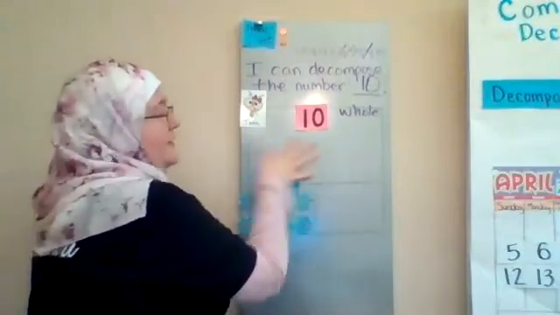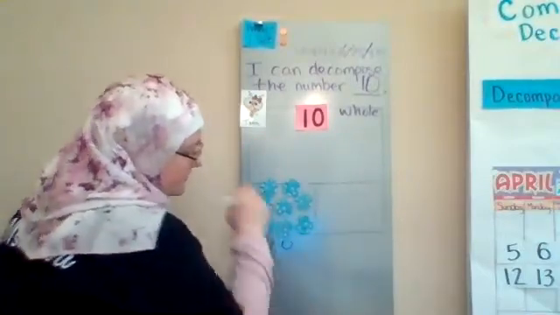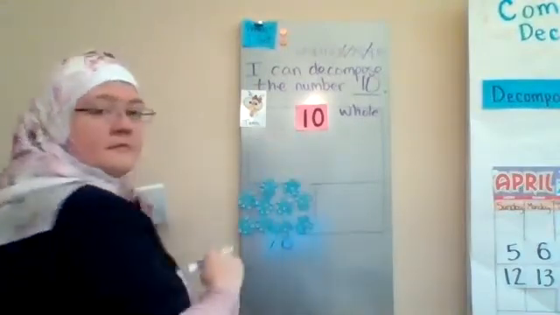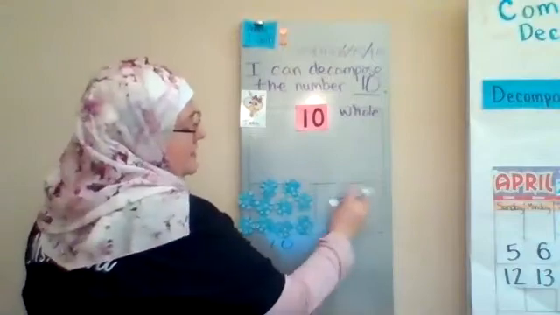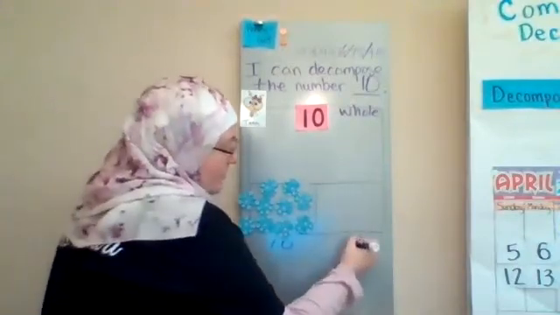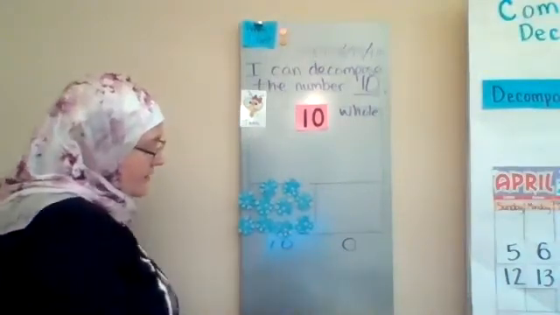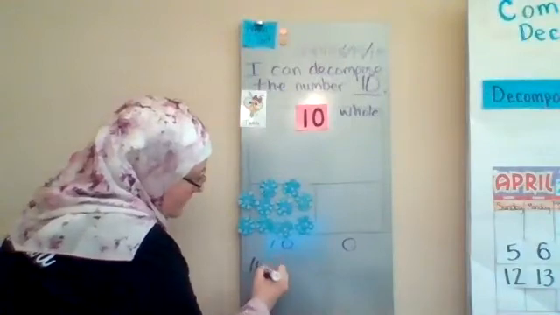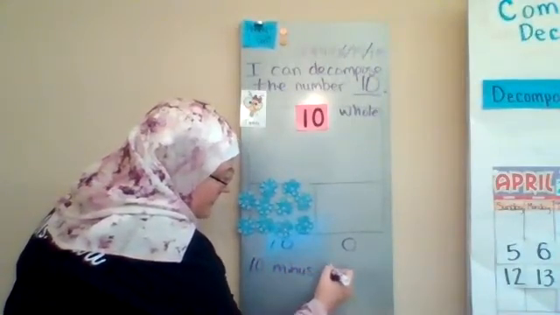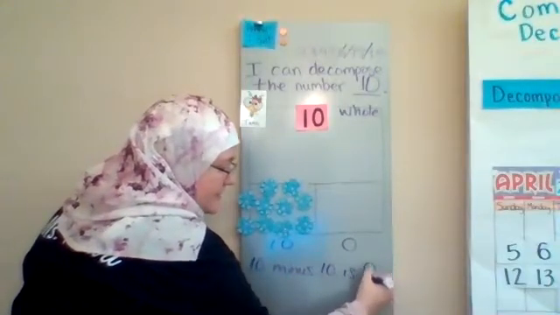Look, we took all 10 away. How many do we have left? That's right. There is 0 left to be taken. So my first part is 10, my second part is 0. 10 minus 10 is 0.